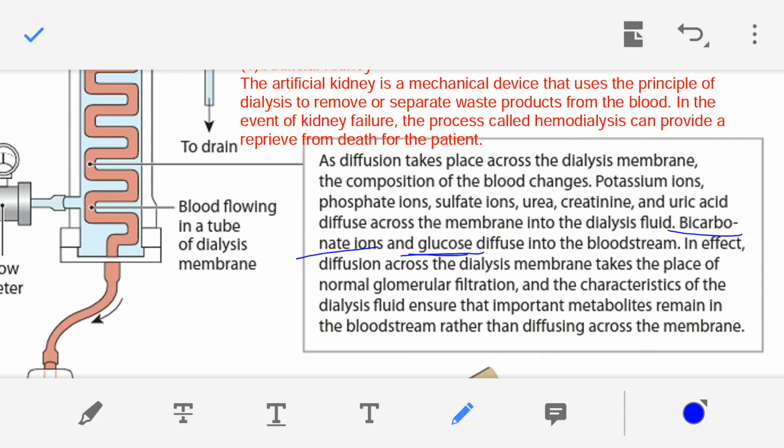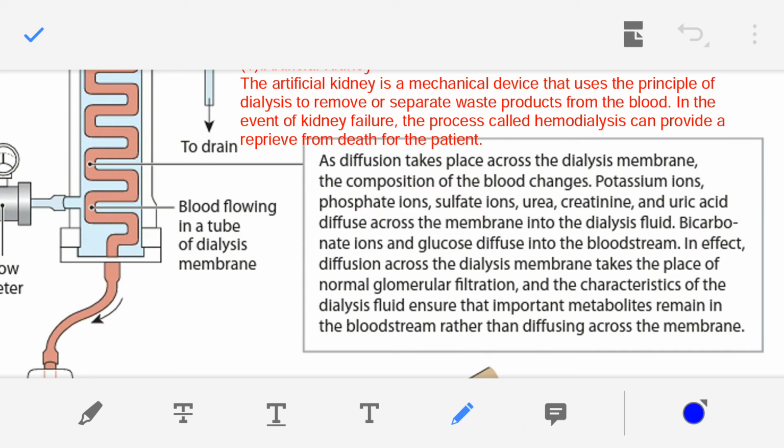So artificially, the team of doctors add glucose and bicarbonate ion in the dialysis fluid. From the dialysis fluid, bicarbonate ion and glucose enter the patient's blood. They cross the semi-permeable membrane, diffuse in the opposite direction, and enter the blood.